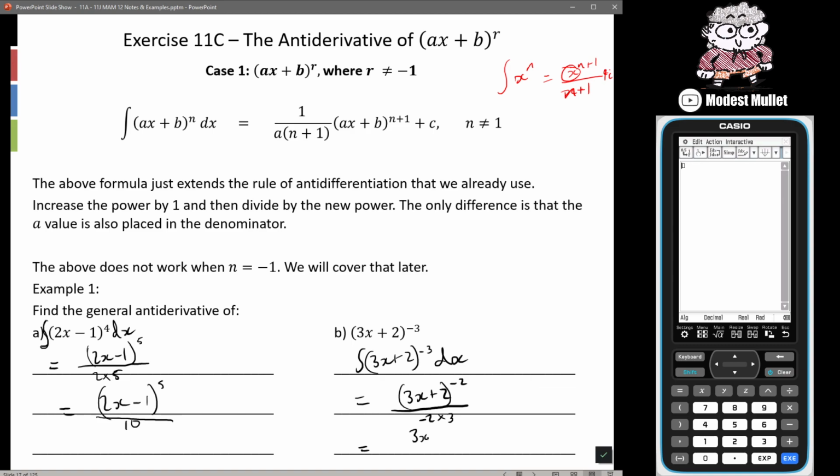So we get 3x plus 2 to the power of negative 2 divided by negative 6. Using your index laws, you could rewrite this as 1 on negative 6 times 3x plus 2 squared, but it's not asking for a specific form, so the answer on the left would be completely acceptable.